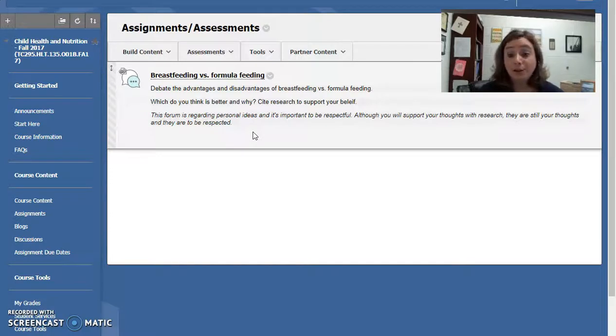My younger one wasn't able to do regular formula, but she could do the soy. Both of them have some food allergies, as I've mentioned before. So obviously there's a direct correlation between what they could tolerate even as infants and what kinds of foods they can tolerate today.